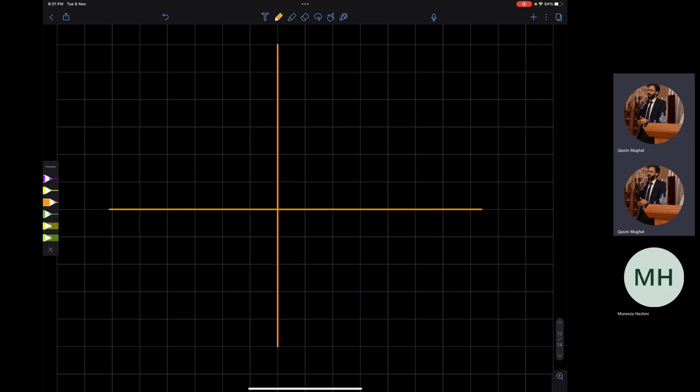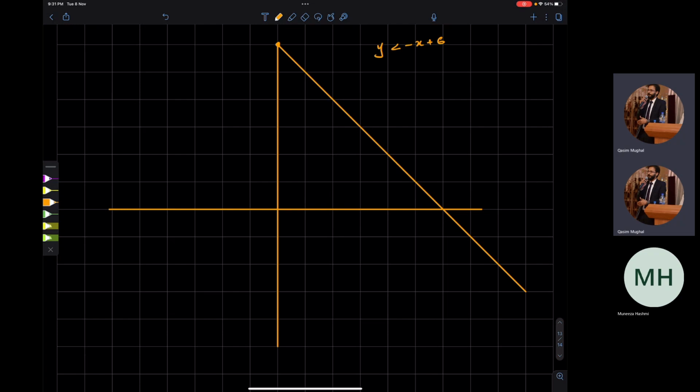The first equation is y is less than minus x plus 6. So the y-intercept is 6, and the gradient is minus 1, so whatever the y-intercept is, the x-intercept is going to be the same as well, that's plus 6. So this is how the line is going to be.